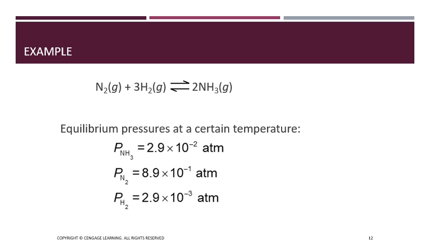So now let's look at how we would plug in our values at equilibrium to determine the value for K. For this expression, we have partial pressures, so I'm going to use the Kp version. I'd have the partial pressure of NH3 squared divided by the partial pressure of N2 and the partial pressure of H2 quantity cubed.